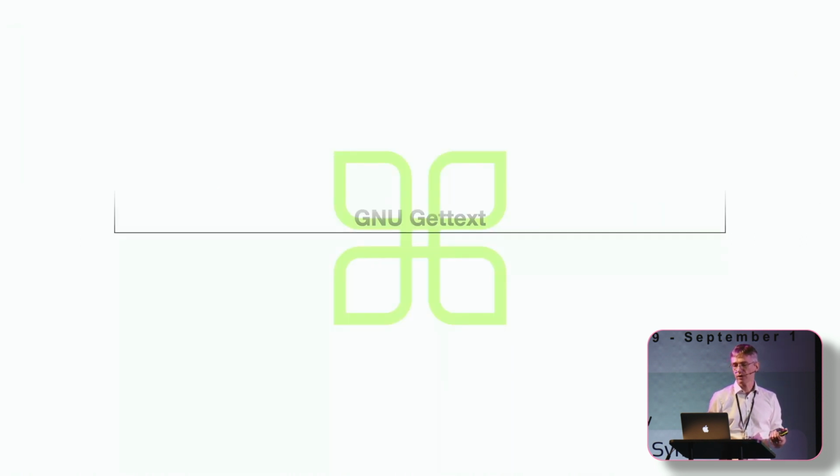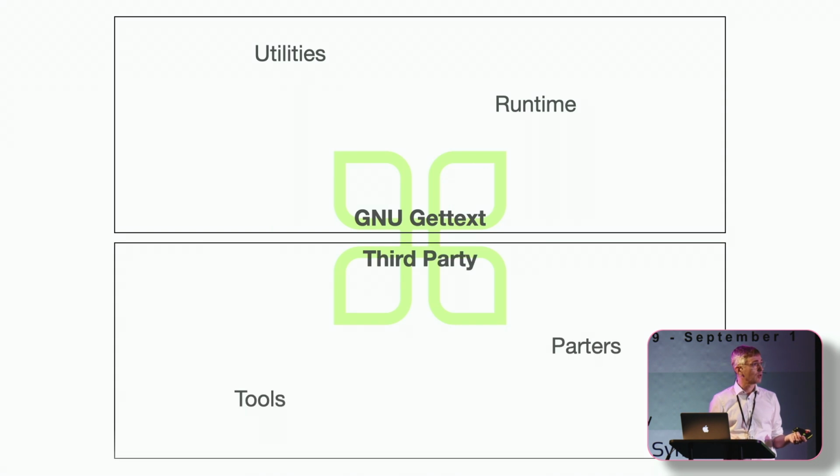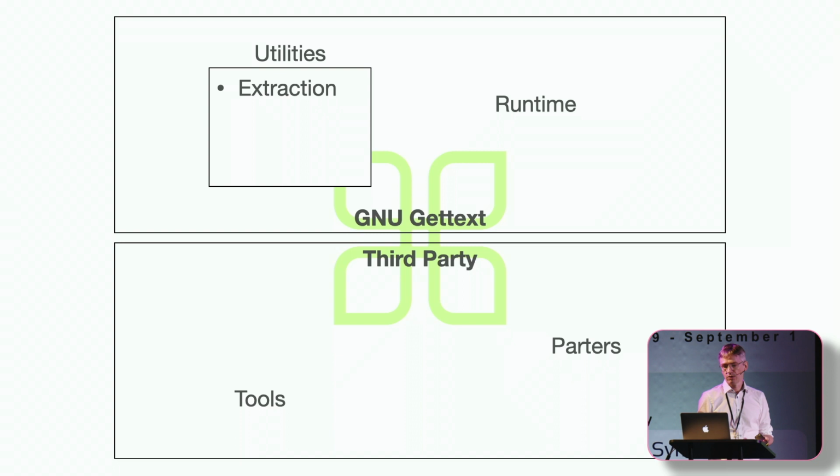What do I mean by that? The ecosystem consists of the GNU gettext system on the one side and third parties on the other side. Among the GNU gettext command utilities, you have a scanner for string extraction, a tool for initialization of a table for a new language, which sets some default settings, typically for that language.